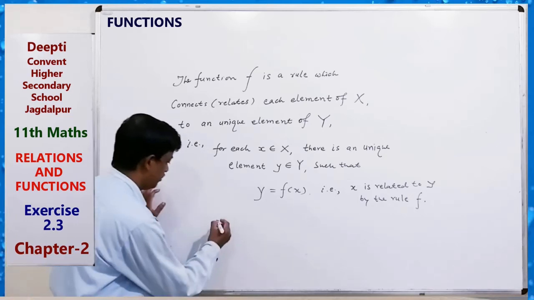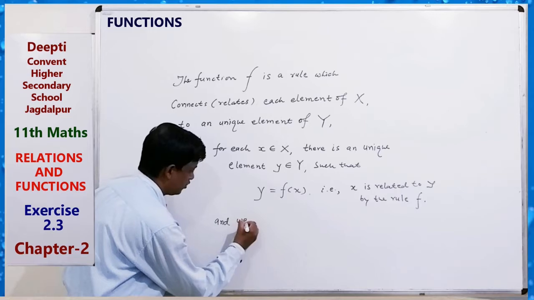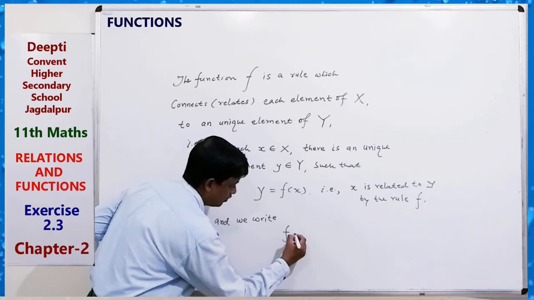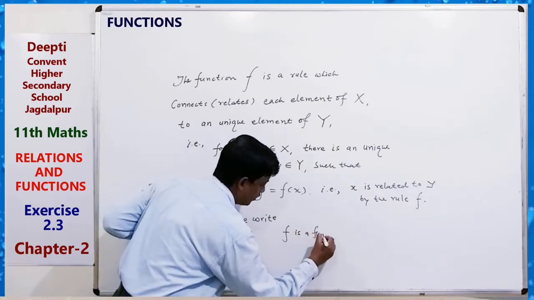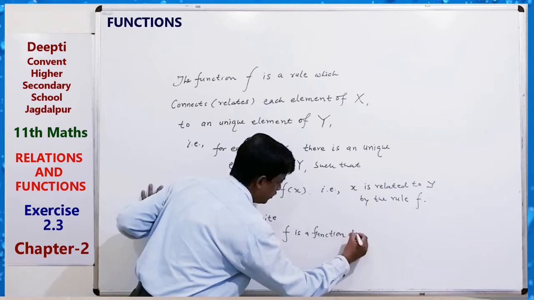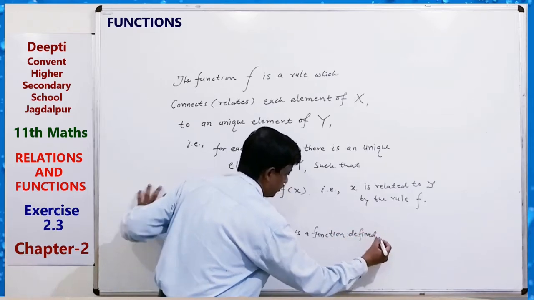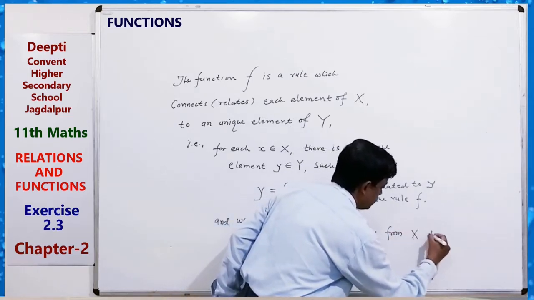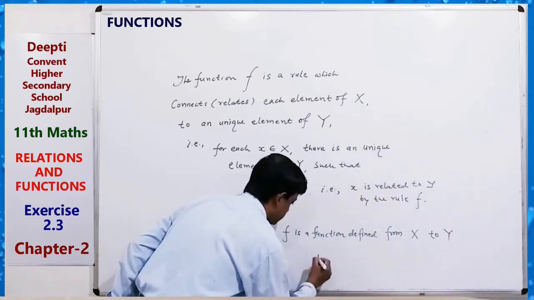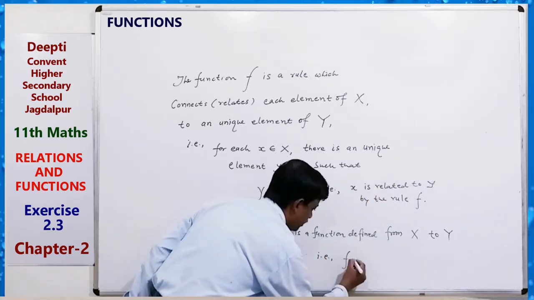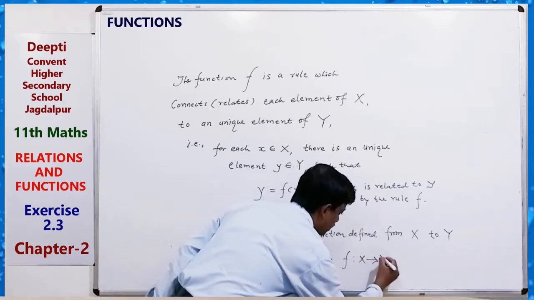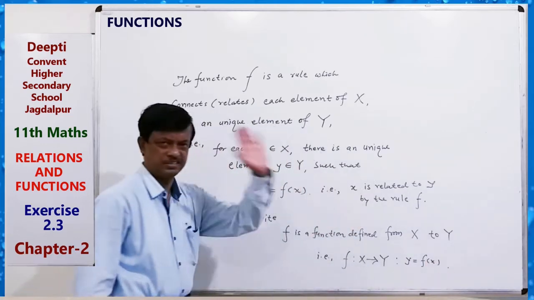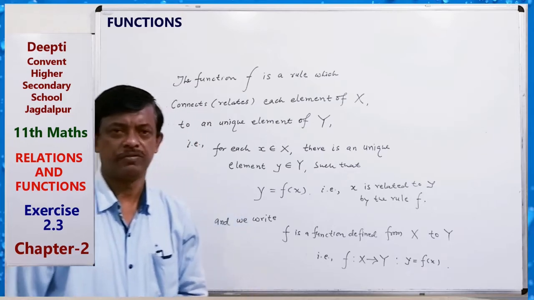Clear? And we write f is a function defined from set X to Y, that is, f: X to Y such that y equals f(x). We can write like this. This type of notation can be used for a function.